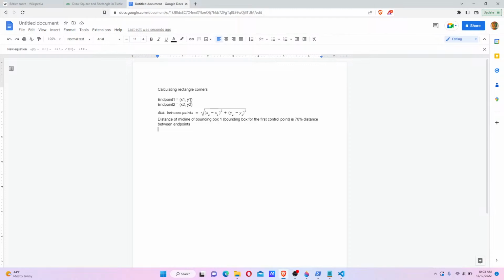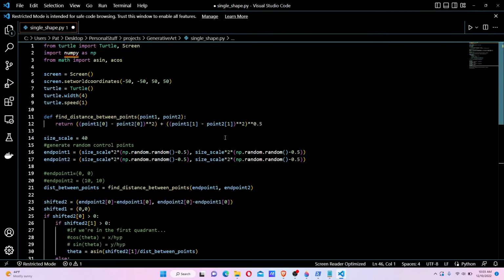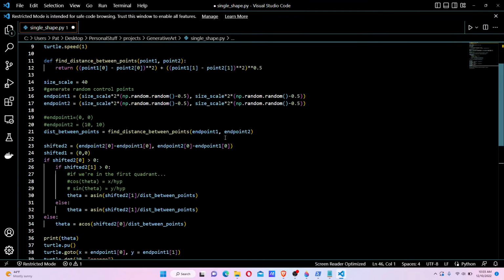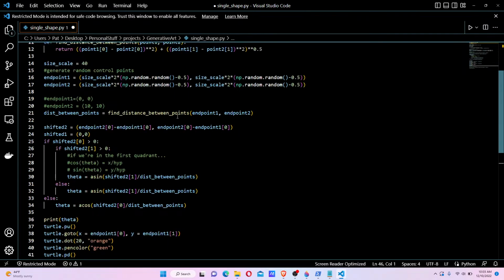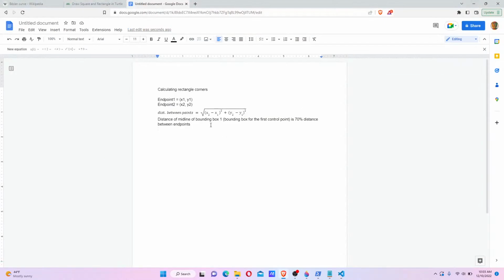Okay, so the midpoint should be the same. How did I find the equation of the line to draw? I don't think I did. Yeah, it just gets the distance between the points. So then you could do some trig.